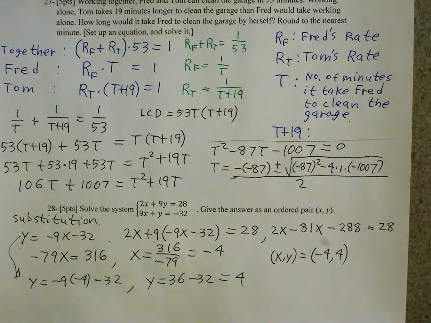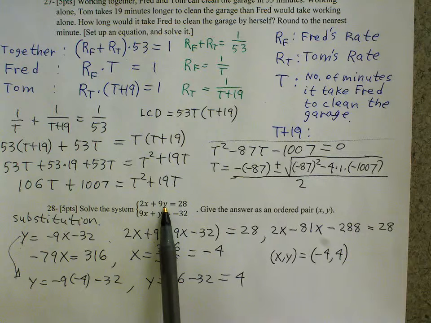If you're nervous about the answer, you can always check it. So we can do this visually. In the top equation, replace x with negative 4 and replace y with 4. 2 times negative 4 is negative 8. 9 times 4 is 36.